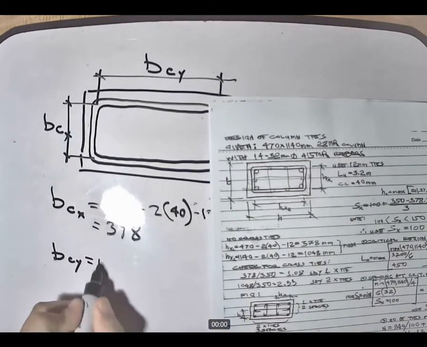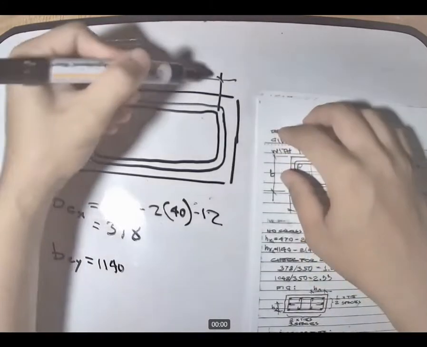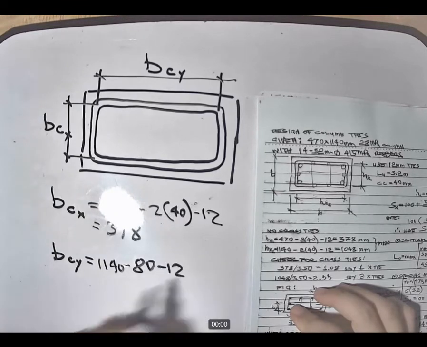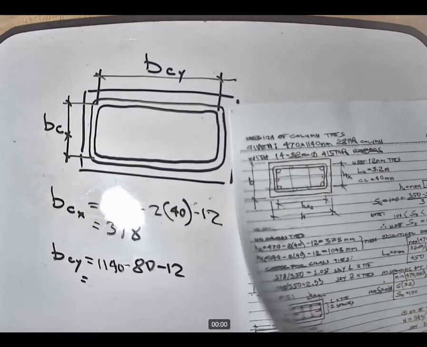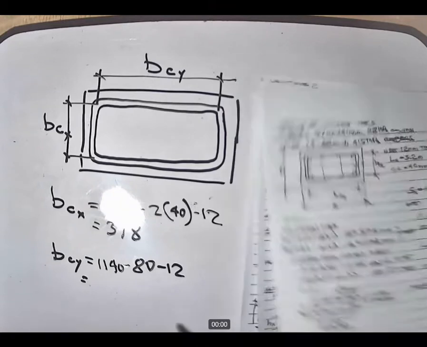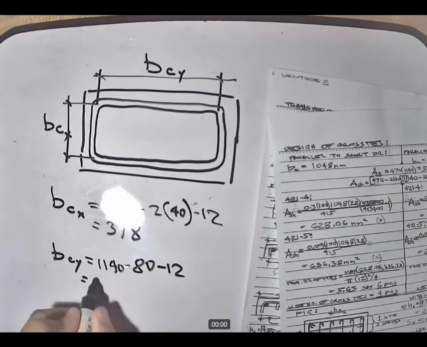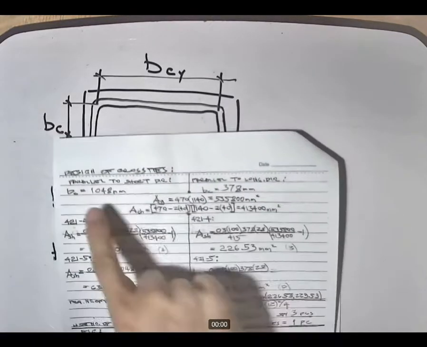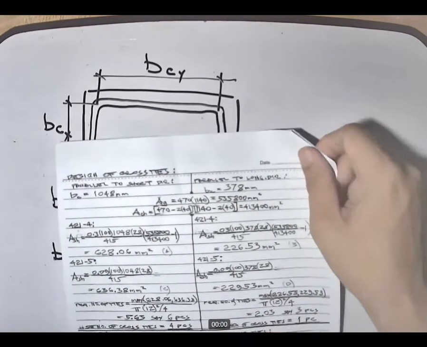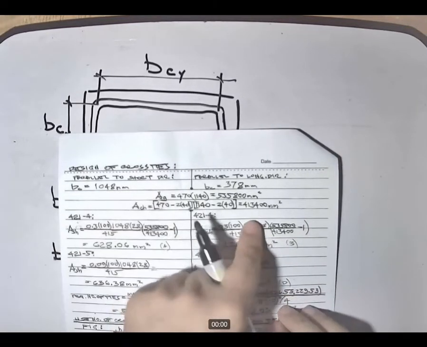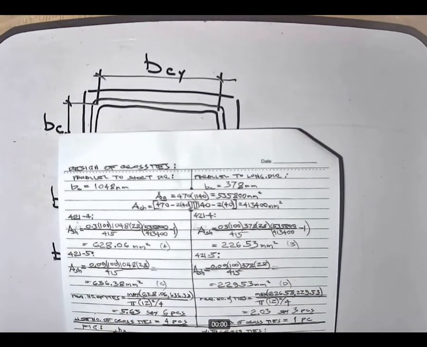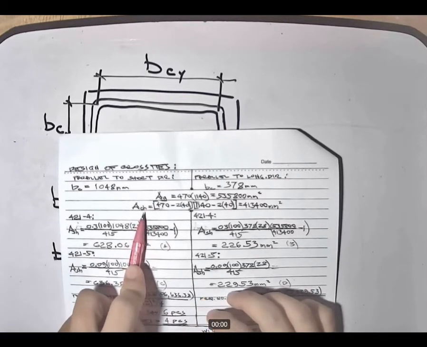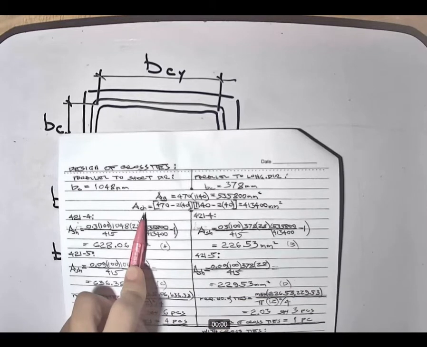So that is 1140. Dito na tayo. 1140 minus twice of clear cover minus diameter of tie will give us 1048. Okay, so yan yun.